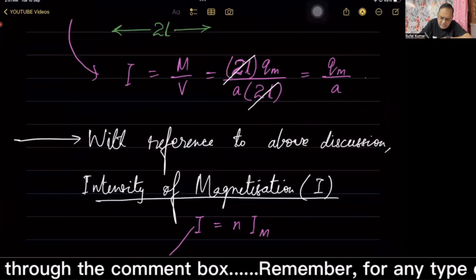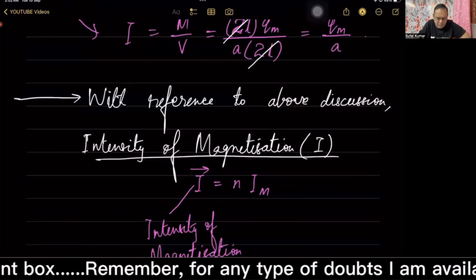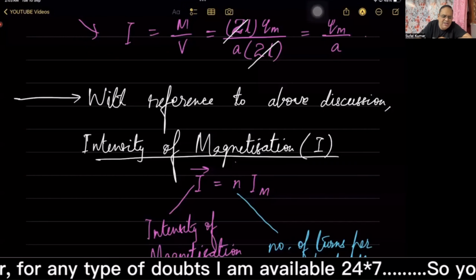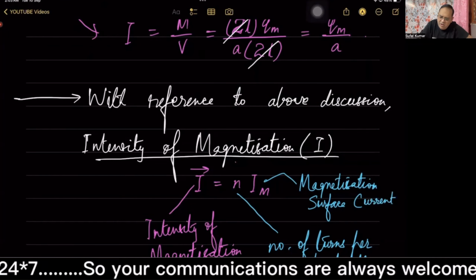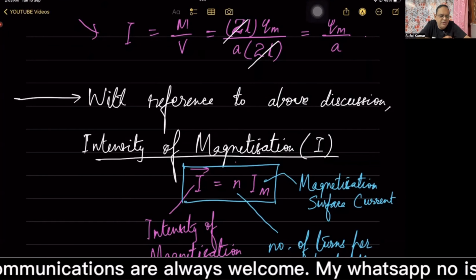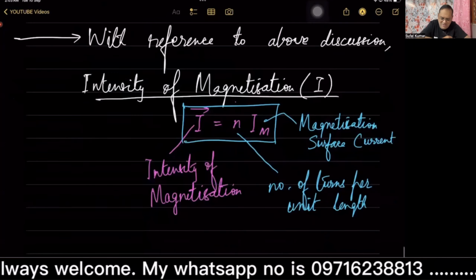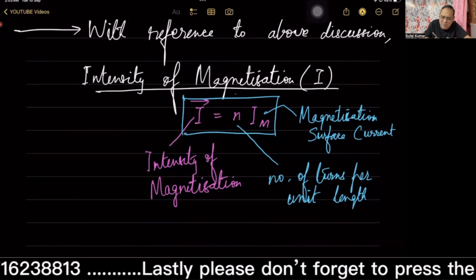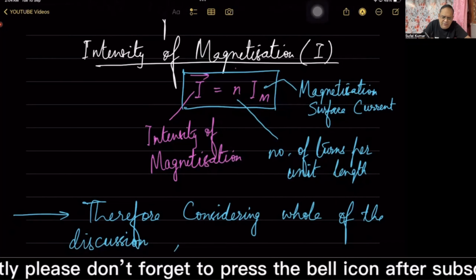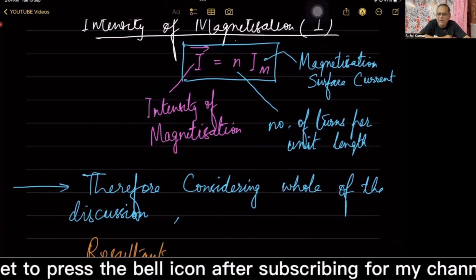And N is number of turns per unit length. Now Im is magnetization surface current. Therefore, considering the whole discussion, a new point has arisen. Very exciting point. Resultant field inside.